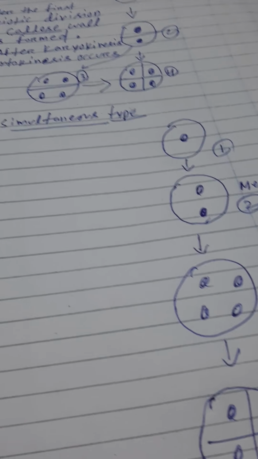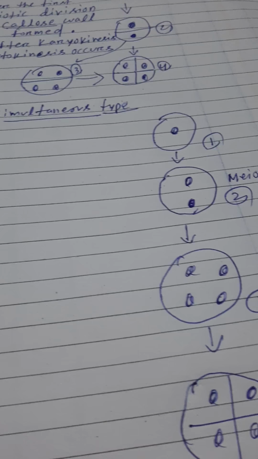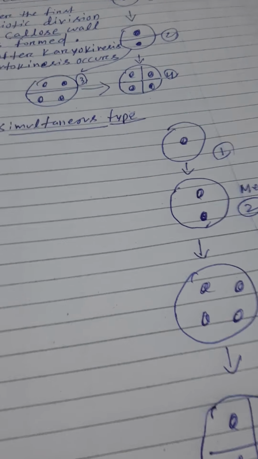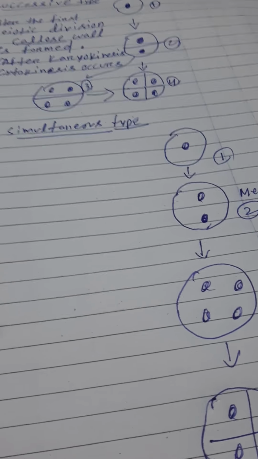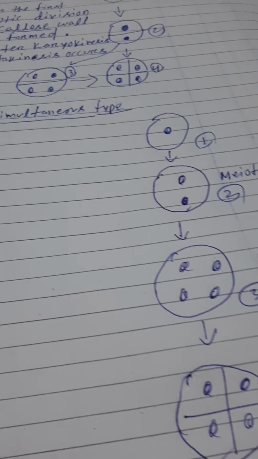These 4 microspores do not get separated, they are together, and this is called a microspore tetrad.